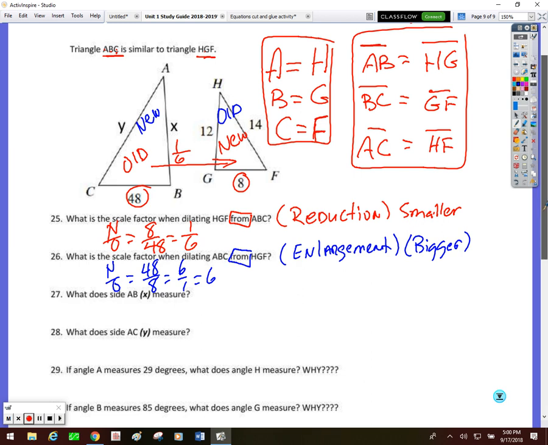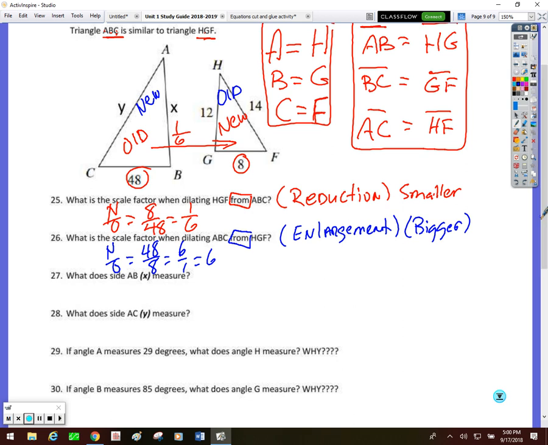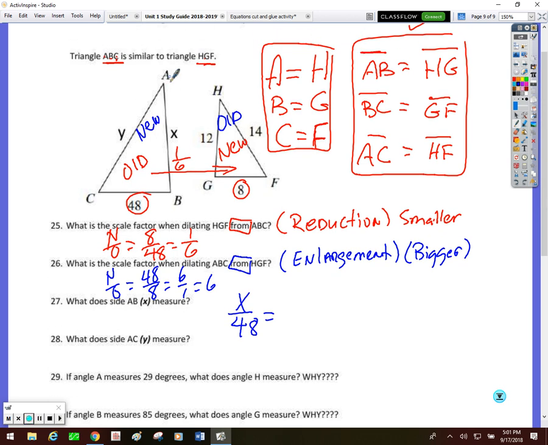Remember, because similar triangles have proportional sides, we're going to set up our proportion. All right, so let's find the value of x. If I set up a ratio of x over 48, because I can't use the y, this is where this comes in over here. So x is on side AB. Well, what is similar to AB? Well, HG. What is on HG? There's 12. So my ratio is x over 48 equals 12 over 8.